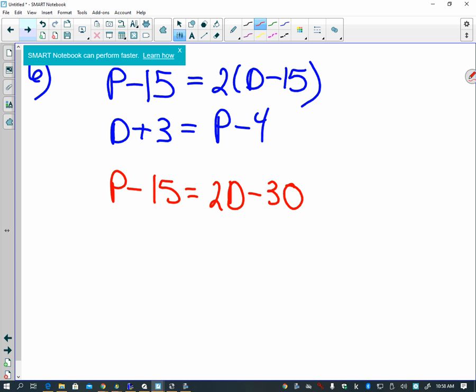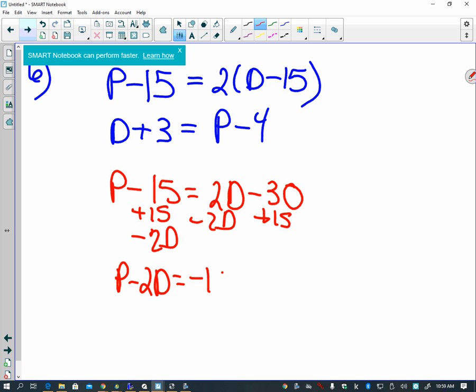Subtract 2D, add 15, and I'm going to get P minus 2D equals negative 15 for the first equation. Does that make sense? Okay? Subtract P here, subtract P here. I got negative P plus D, subtract 3 equals negative 7.